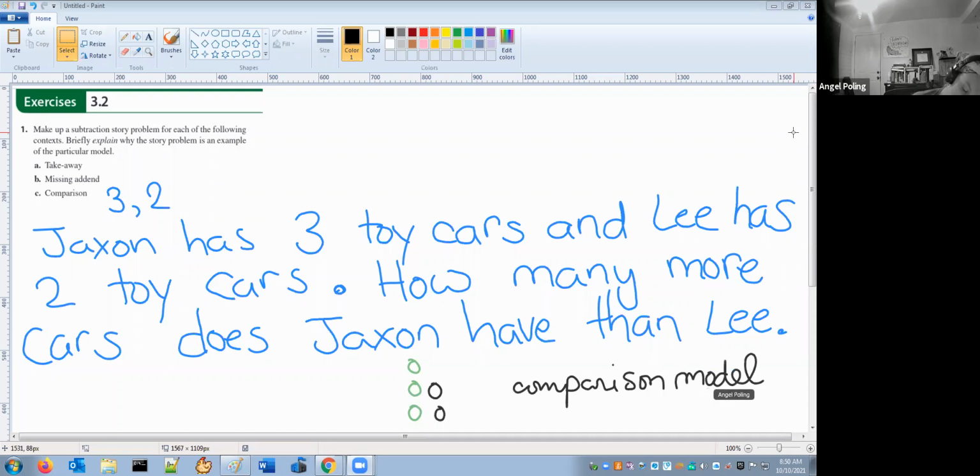We asked how many more cars does Jackson have than Lee, but we could have also asked how many fewer cars does Lee have than Jackson, right? So we could have worded that slightly differently.